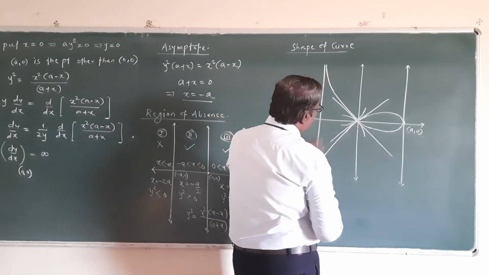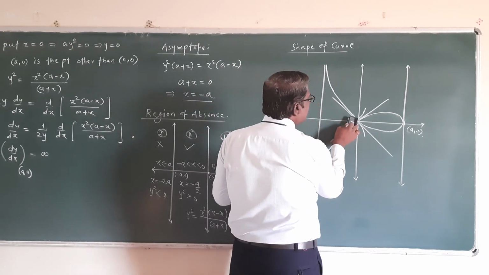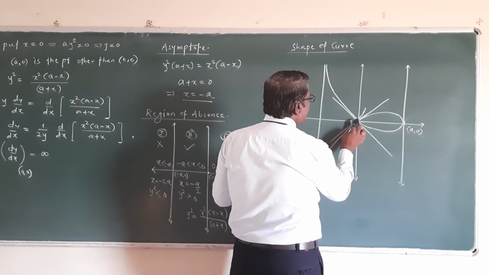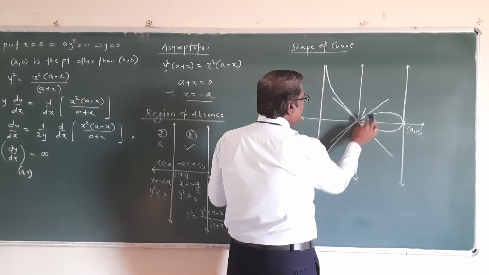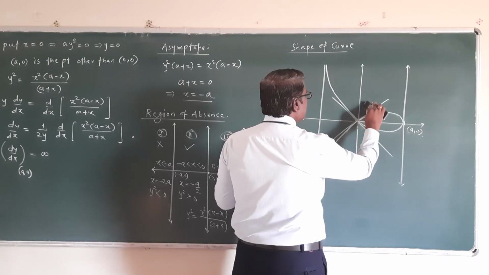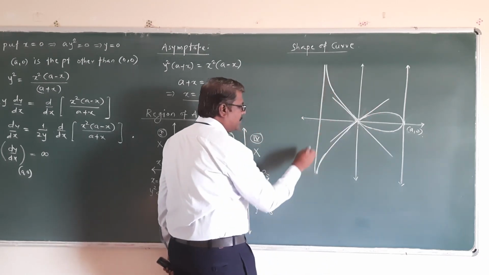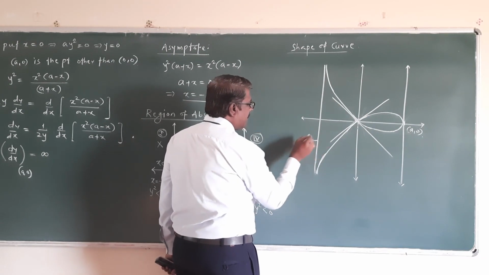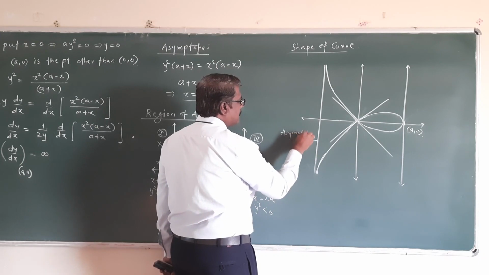Now as there is no part of the curve on this side, I will remove this. Again similarly I will remove this. At the same time I will remove this. And again this also I can remove. So this line is the asymptote. So here I will write asymptote.